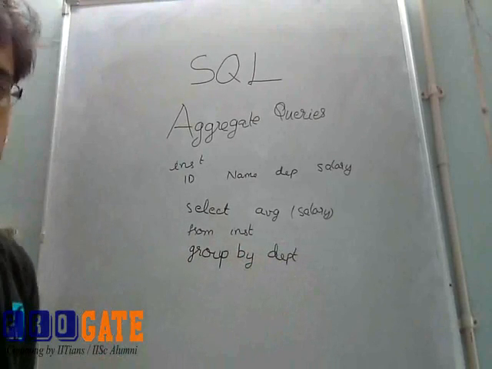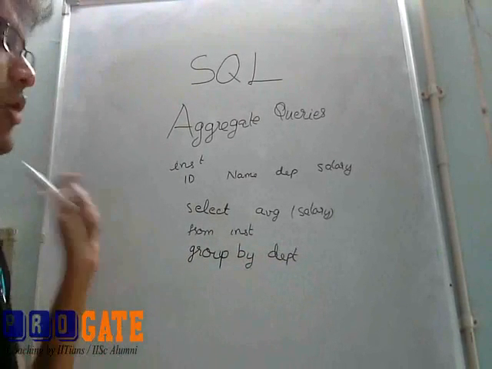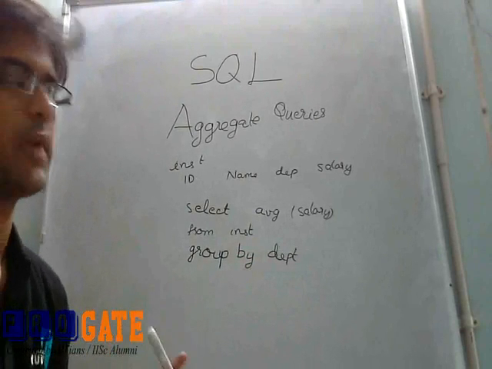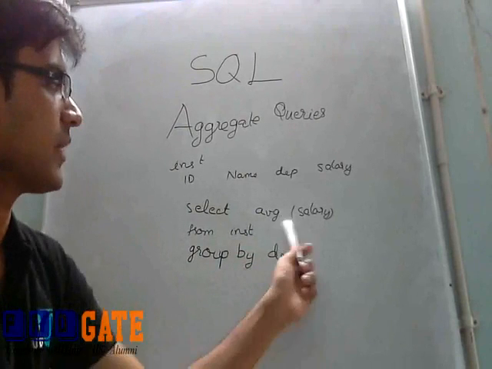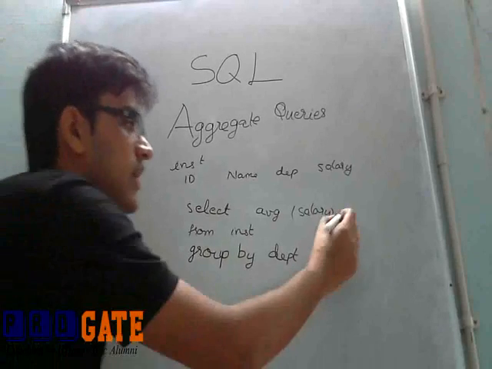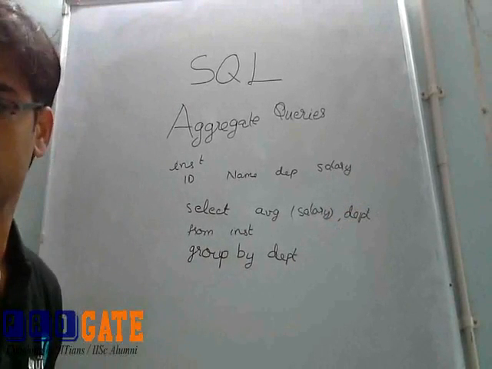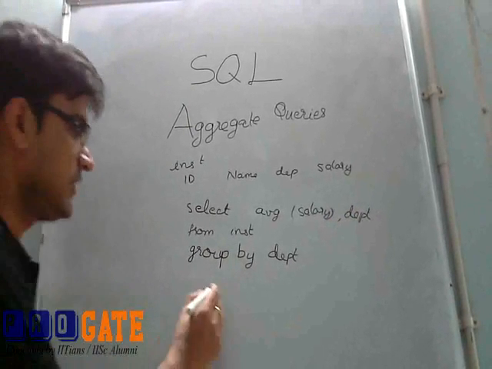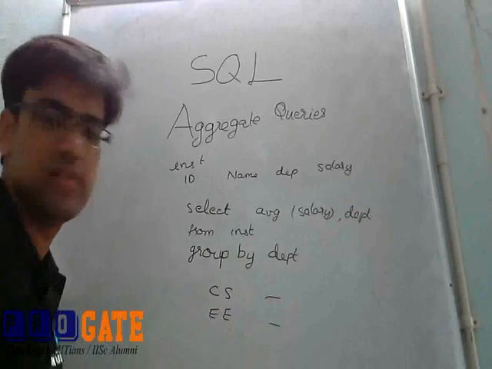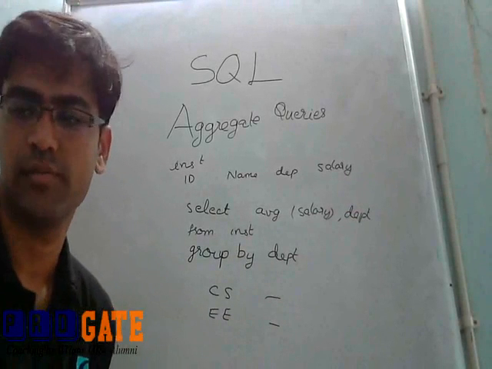So in this case, the SQL query will first pick out all the instructors of different departments separately, and for each of the groups, it will apply this operator and give us the average salary and department name of each of the departments. So the result will look something like CS department, this is the average salary, say Elec department, this is the average salary. So this is how group by clauses are used in SQL.